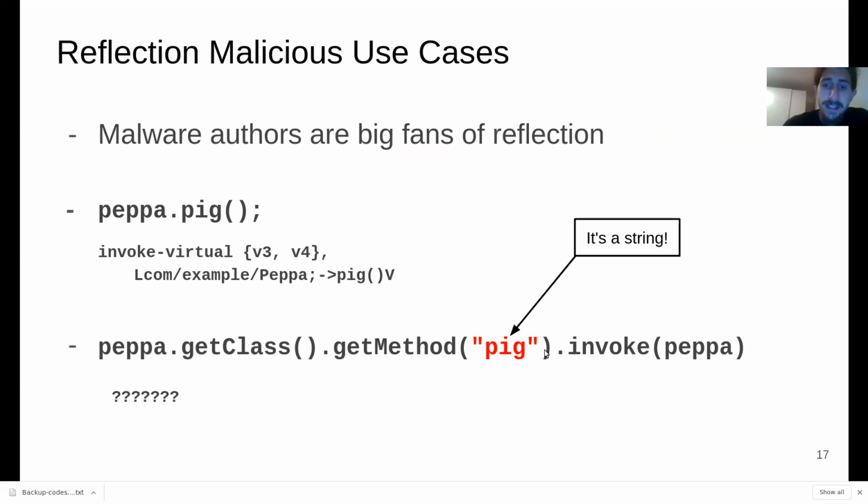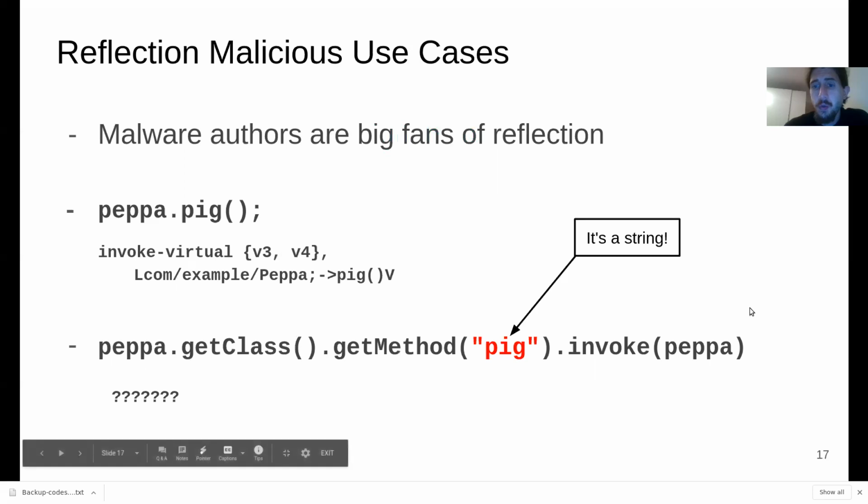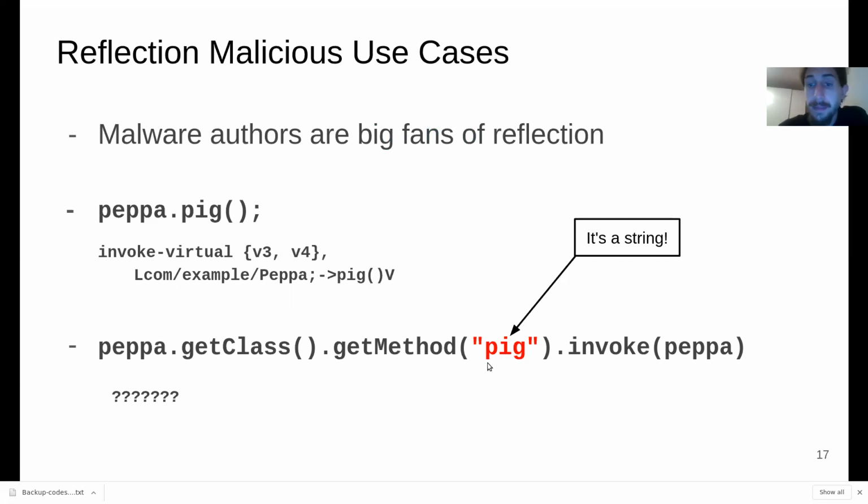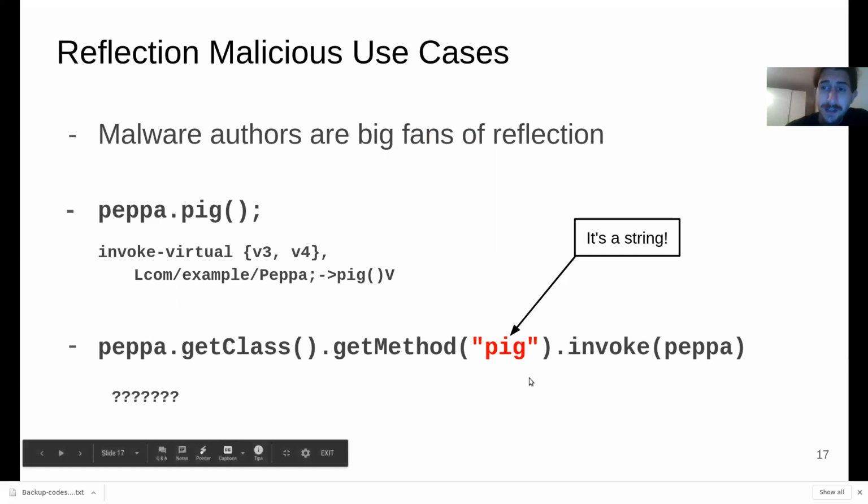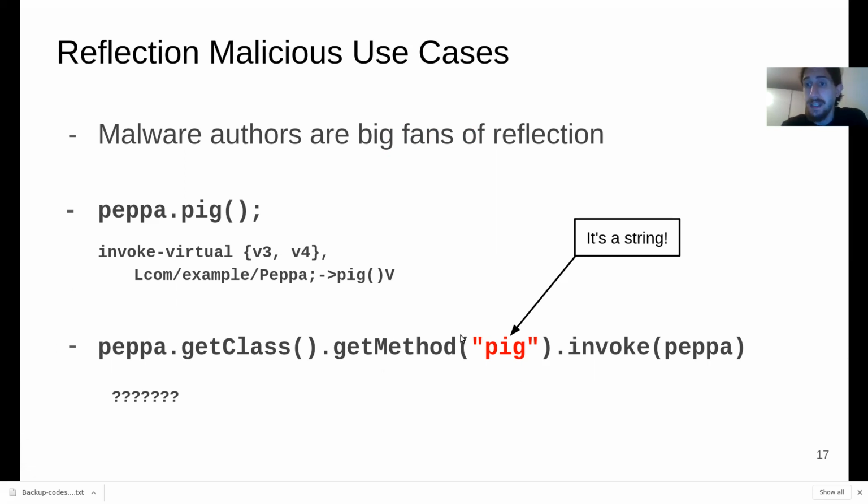The key point is that, if you have something like this, you could still somehow understand: I'm calling the method pig on the object Peppa. The reason why the bad guys really like this is that it's a string, and strings are very easily obfuscatable.